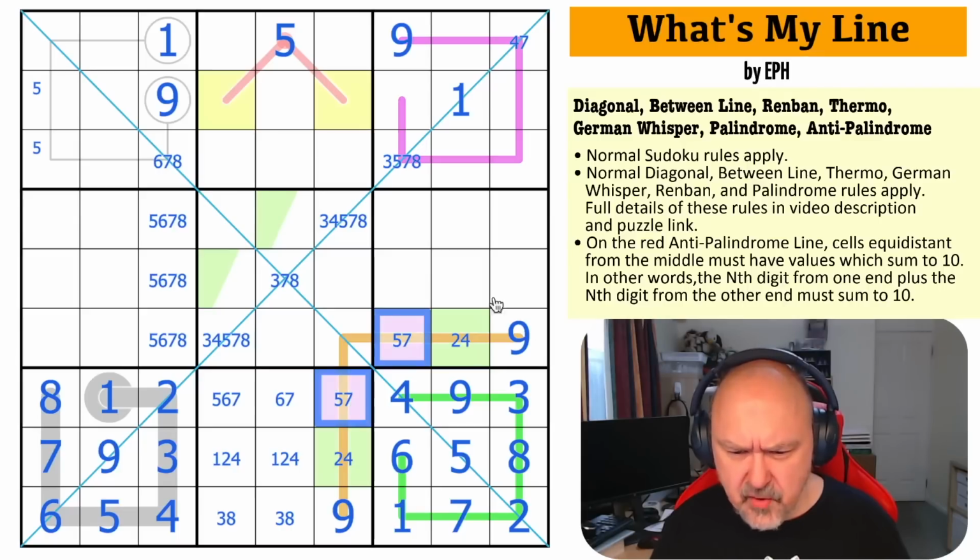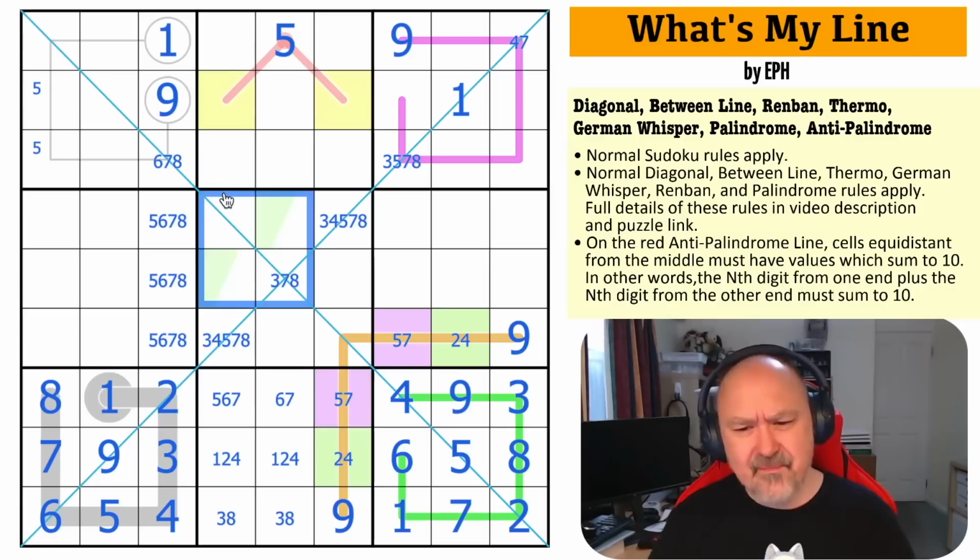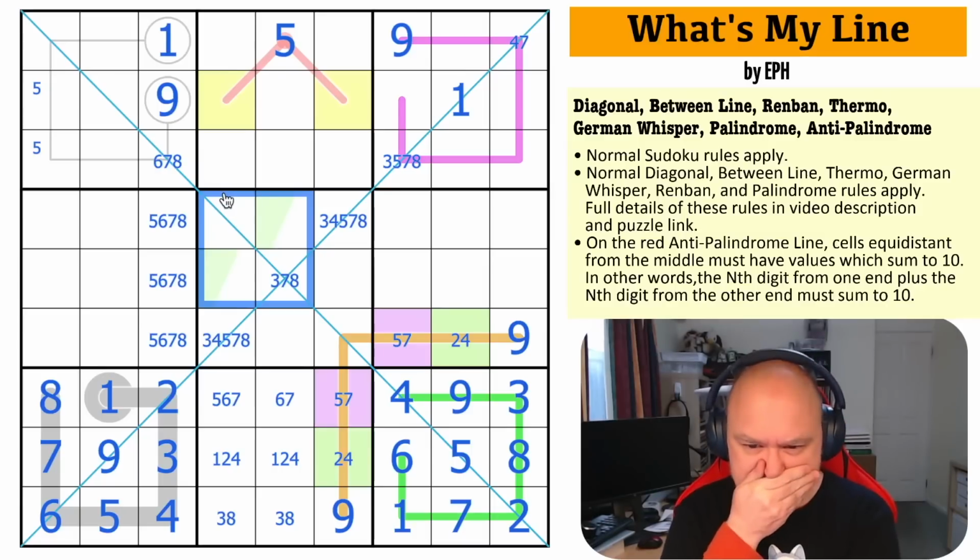Let's mark that in purple. Purple is in one of those. If it's 5, it would be there. If it's 7, it's in any of them. Hang on.